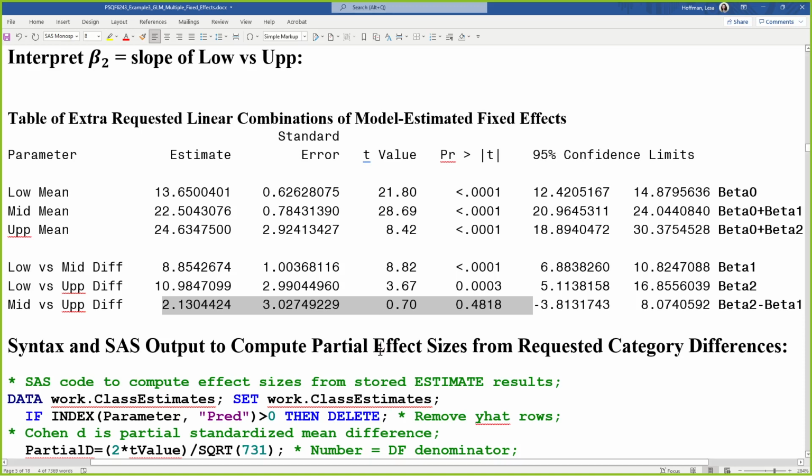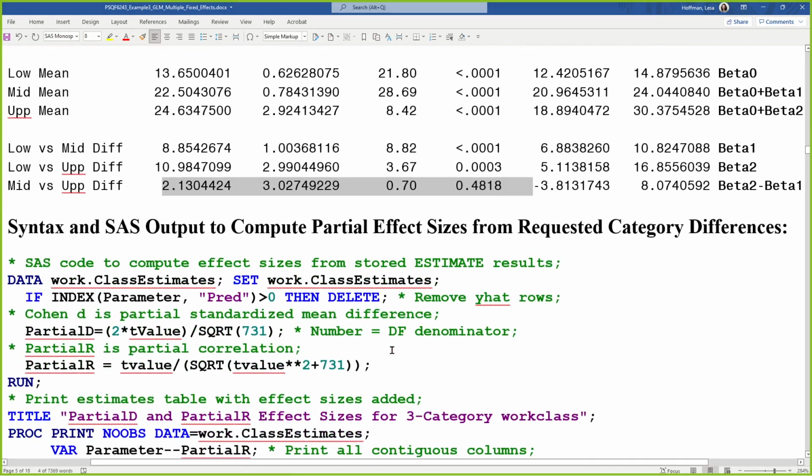When we're talking about categories and differences between categories, though, correlation is less useful than another type of effect size, which is the standardized mean difference. So I want to show you how to get both of those things out of the output. So we're going to get R's and we're going to get D's. D's are differences between groups in standard deviation units, and R's are in a correlation metric.